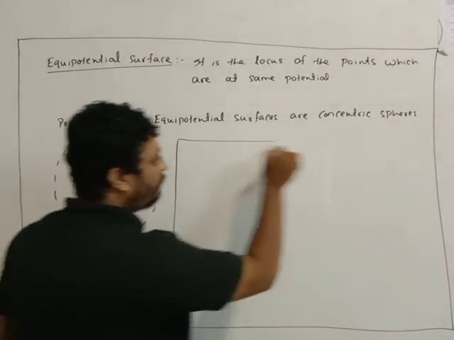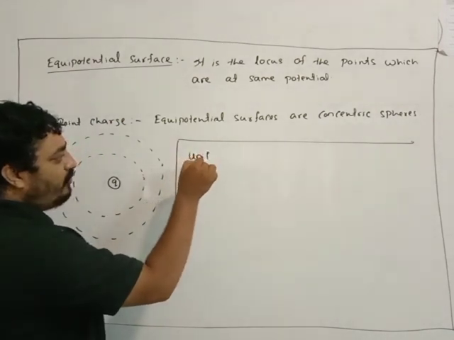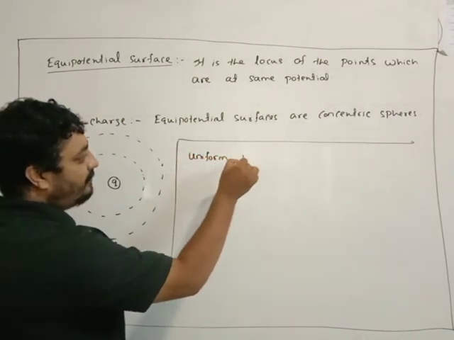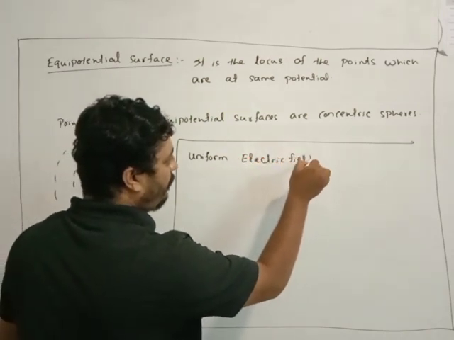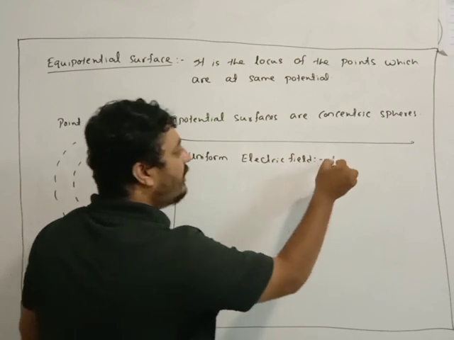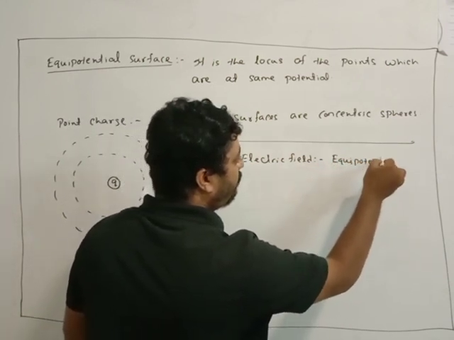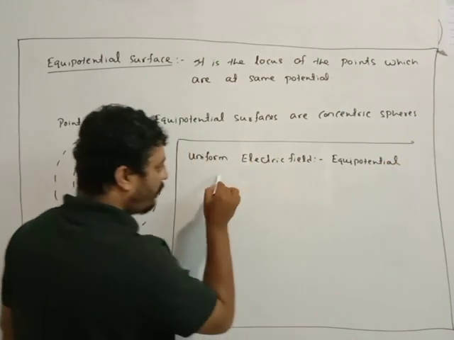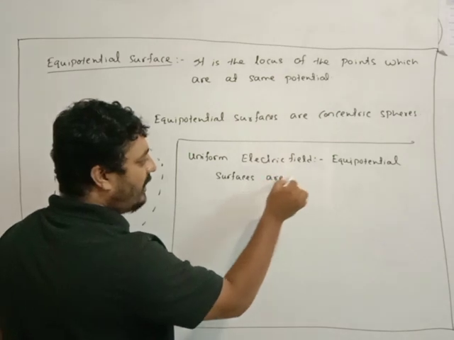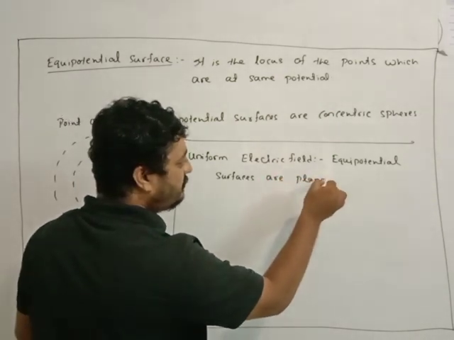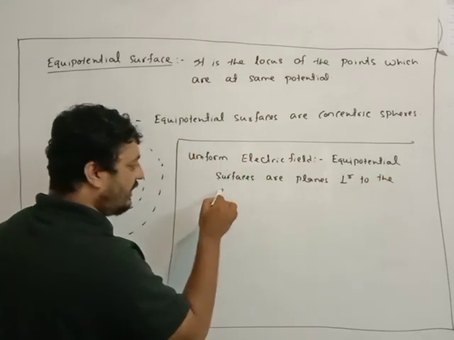Similarly, if we take uniform electric field, here equipotential surfaces are planes perpendicular to the electric field lines.